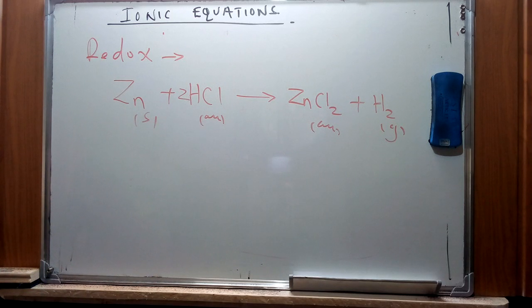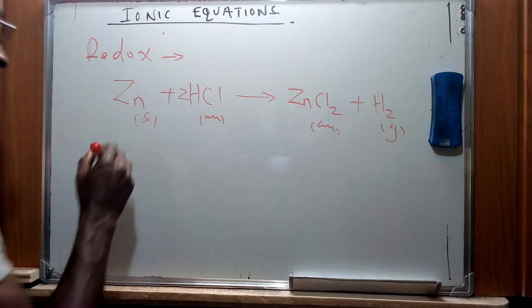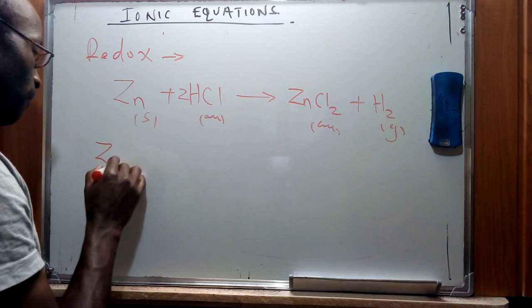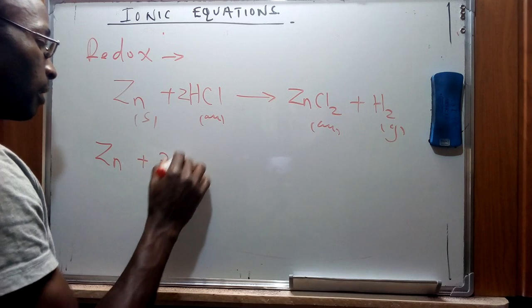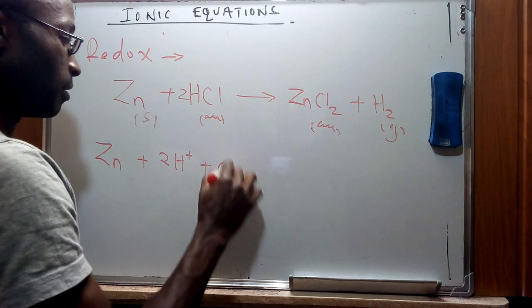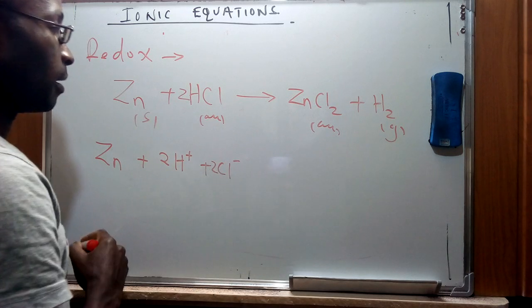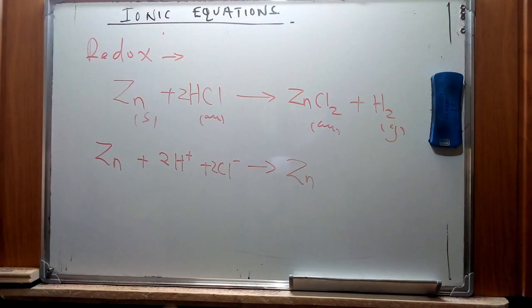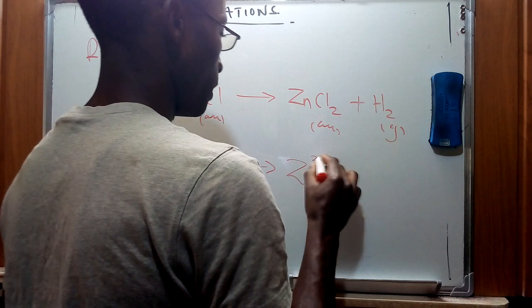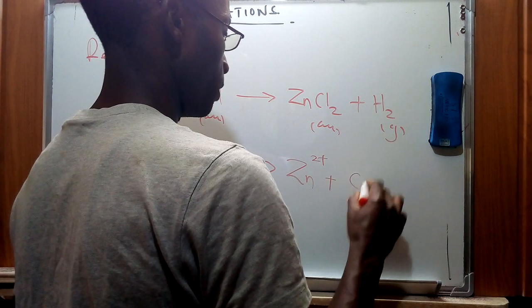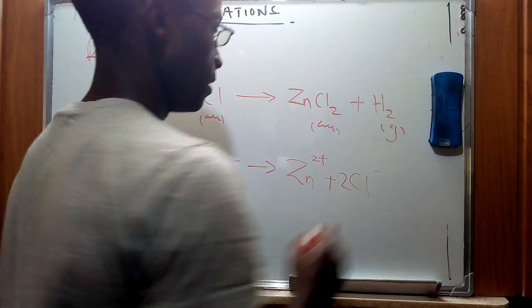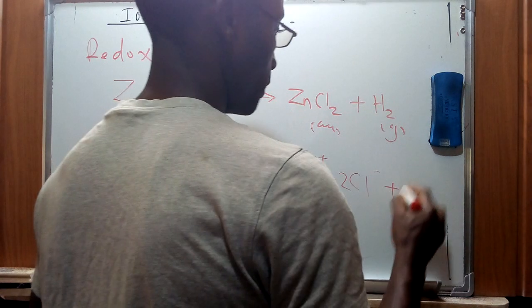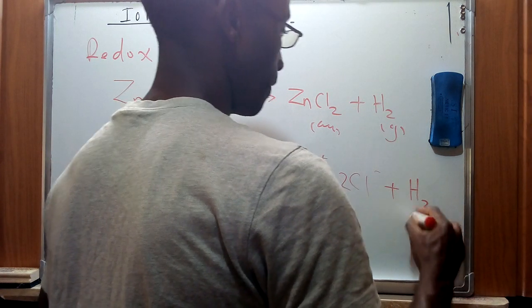Now this one we can as well break into individual ions which are reacting, by having zinc reacting with those from the acid to form zinc. It's an ionic compound, so we're going to split it to have zinc plus the chloride ions plus hydrogen gas.